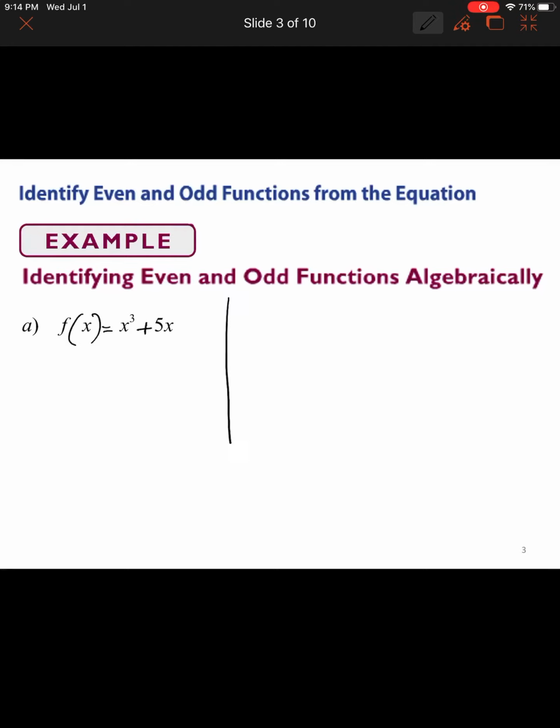The layout for this: if I plug in negative x, and there is no sign change, that's telling me that my function is even. No sign change means my function is an even function.